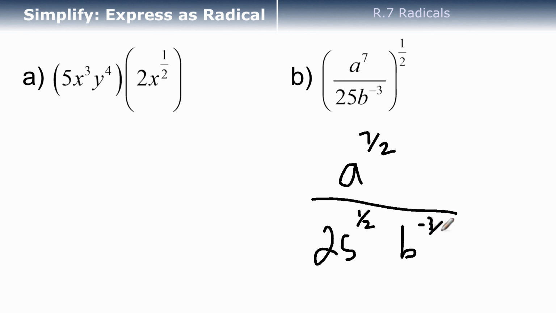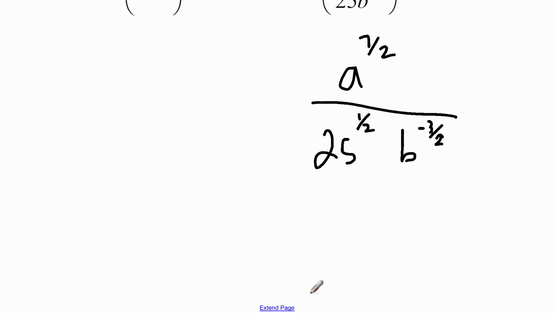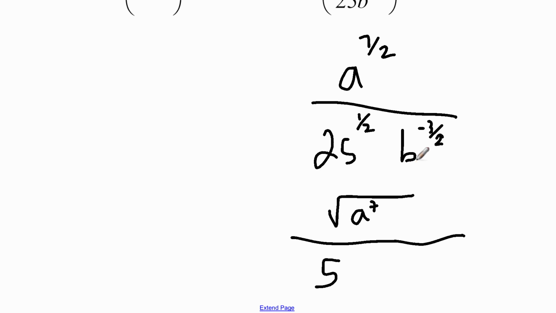Now doing a bit of simplification, a to the 7/2 I could write as the square root of a to the 7th, over 25 to the 1/2. That's the same thing as the square root of 25, which is just plain 5. And then this b to the minus 3/2, let's take that up to the top, and that'll be b to the positive 3/2 on the top.